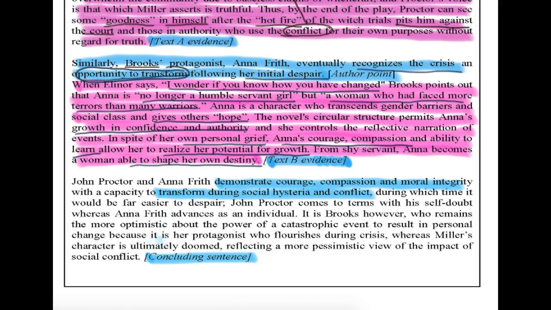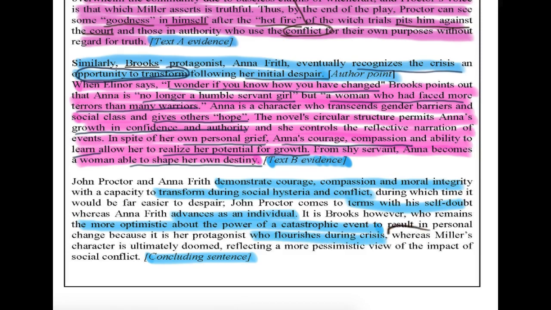John Proctor comes to terms with his self-doubt, whereas Anna Frith advances as an individual. So comes to terms with self-doubt, Anna Frith advances as an individual. It is Brooks, however, who remains the more optimistic about the power of a catastrophic event to result in personal change, because it is her protagonist who flourishes during crisis, whereas Miller's character is ultimately doomed.